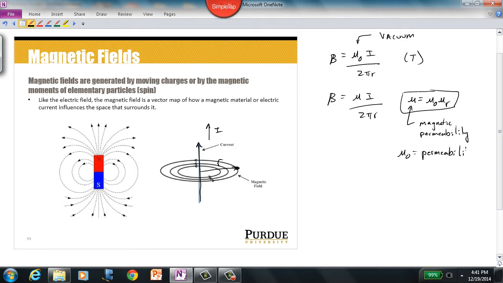It's a universal constant, like gravity or something like that. It's 4 pi times 10 to the minus 7th henries per meter. And then finally we've got the relative permeability mu r, and that has to do with the materials.